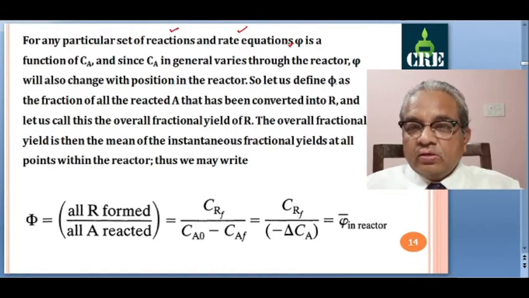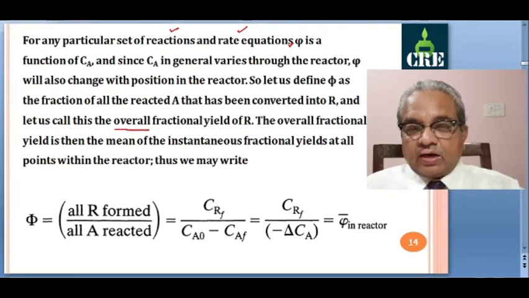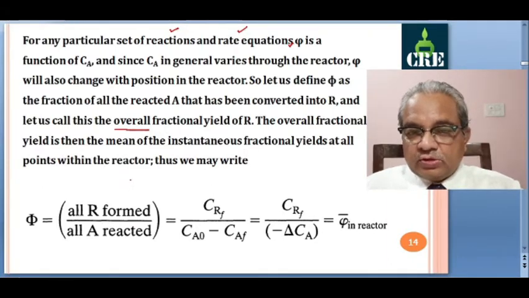So we define capital Phi as the fraction of all reacted A that has been converted into R. We call this the overall fractional yield, denoted by capital Phi. The overall fractional yield is the mean of the instantaneous fractional yields at all points within the reactor, if there is variation of concentration within the reactor.